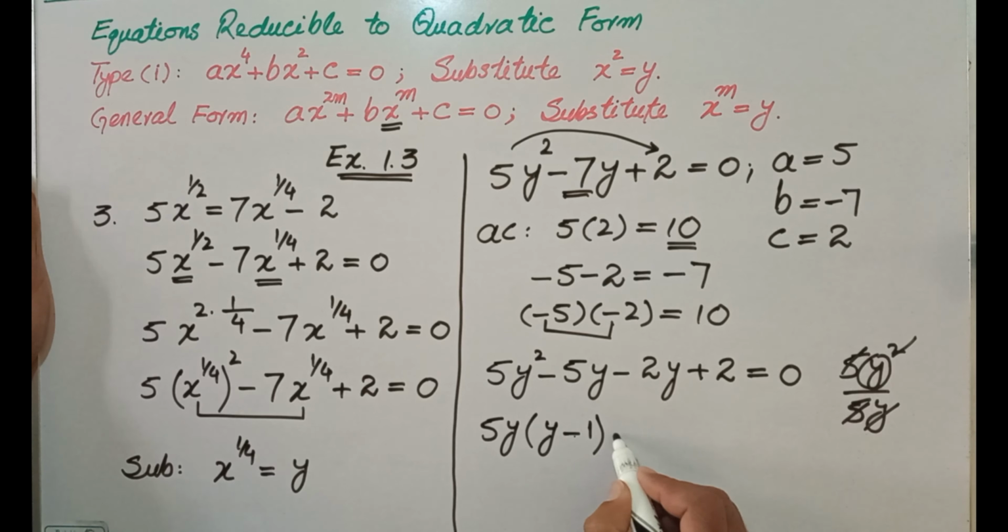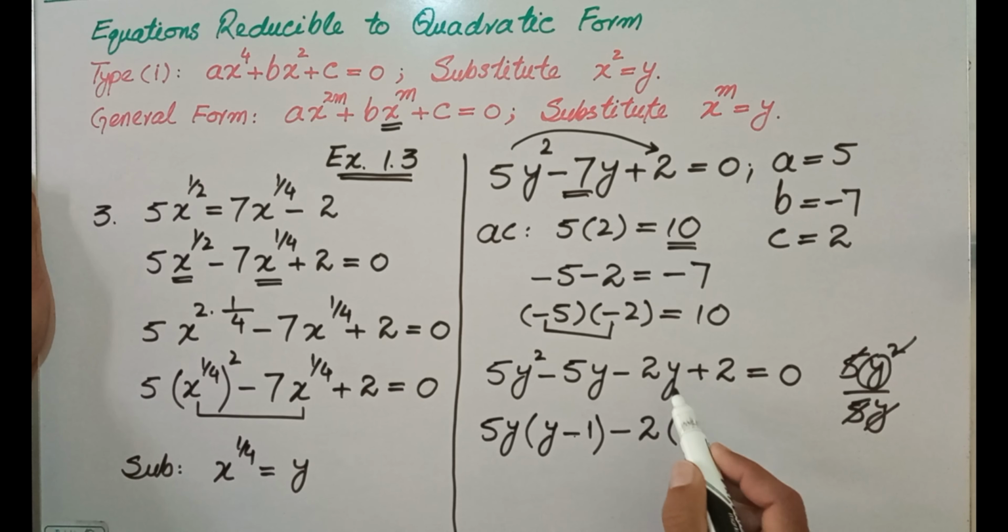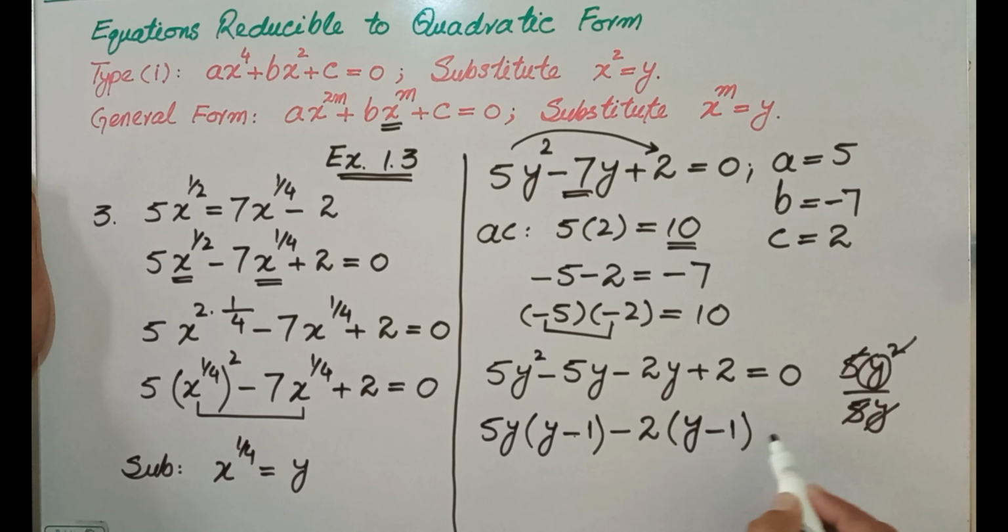In this case we have a minus 2 common. Taking minus 2 common, minus 2y divided by minus 2, we have y, and then 2 divided by minus 2, we have minus 1 equals 0.